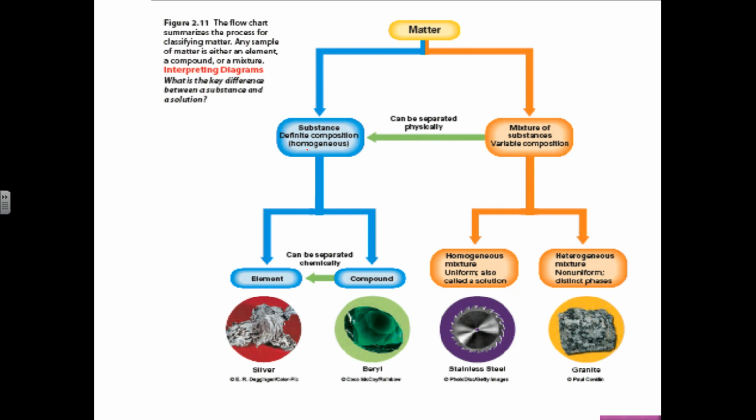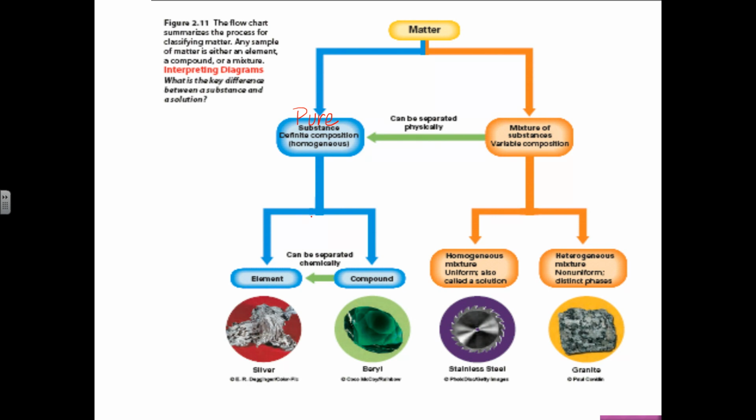Pure substances have a definite composition and they are homogeneous. All pure substances are considered homogeneous matter, which means if you have a sample of any pure substance, all the atoms or molecules are going to be identical for that particular substance.